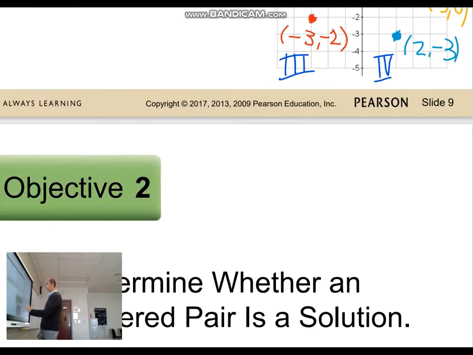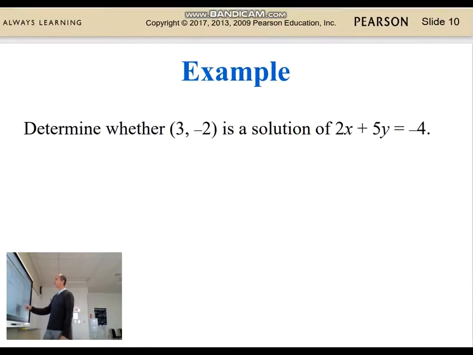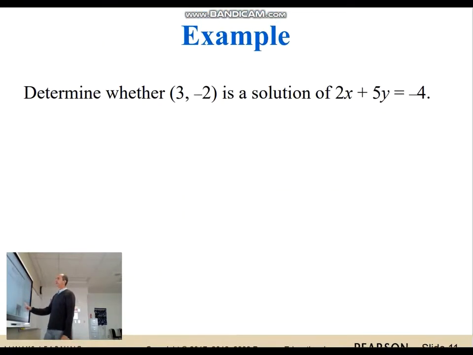Moving on, let's work on the next objective: to determine whether an ordered pair is a solution for an equation. Example, determine whether the ordered pair x equals 3, y equals -2 is a solution of the equation 2x plus 5y equals -4.